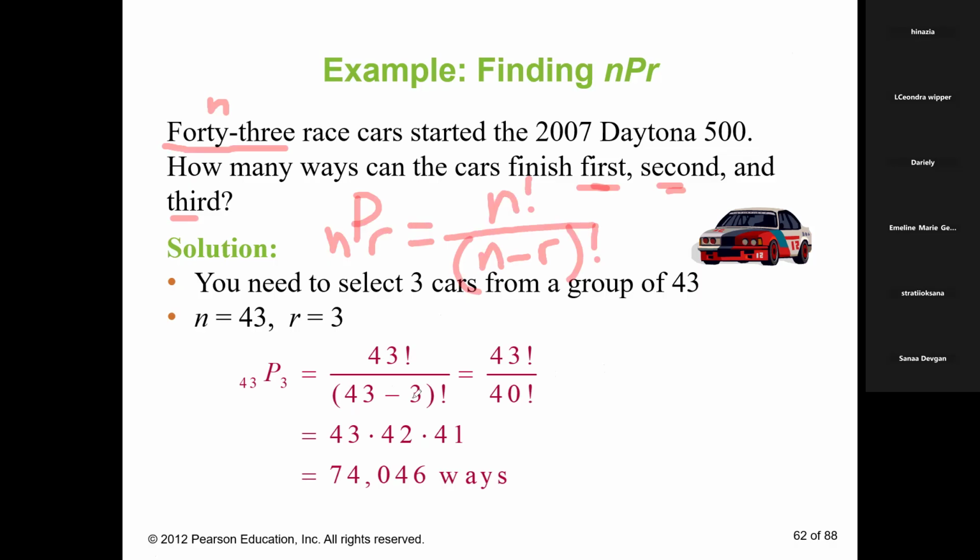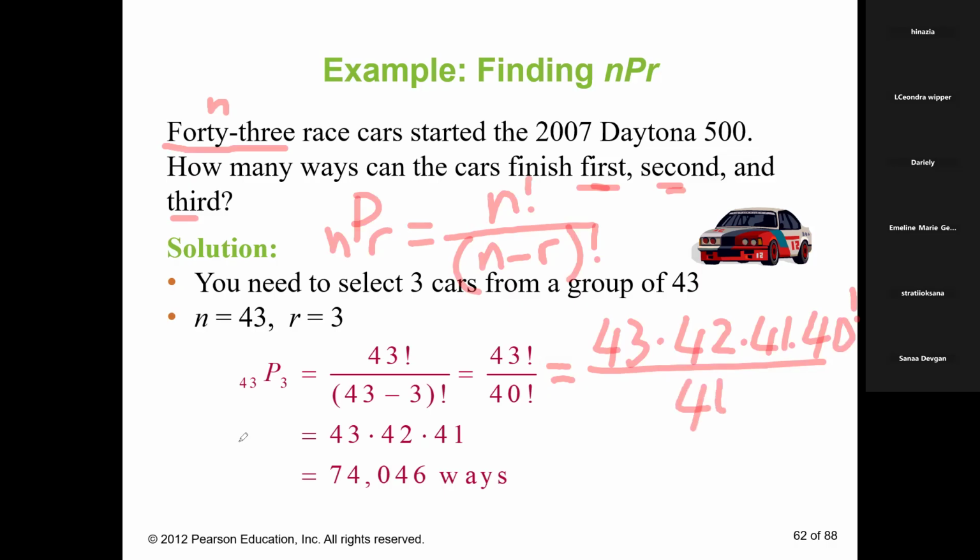You got 43 minus 3 is 40. And then here, let me add this for you. Start at 43. You go down to 42, 41, and then you stop at 40 factorial, because you got the 40 factorial below. And then you simplify 40. That's why I got 43 times 42 times 41.